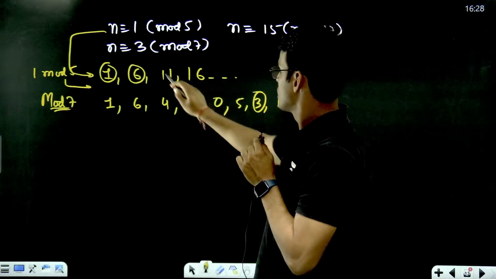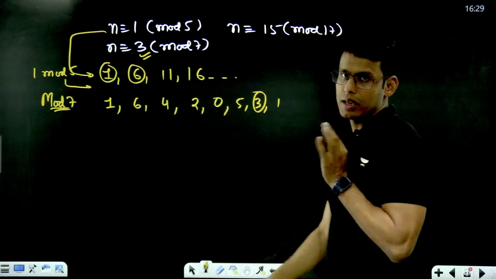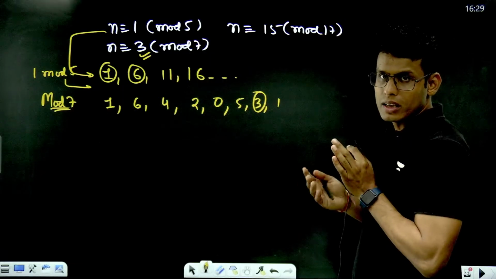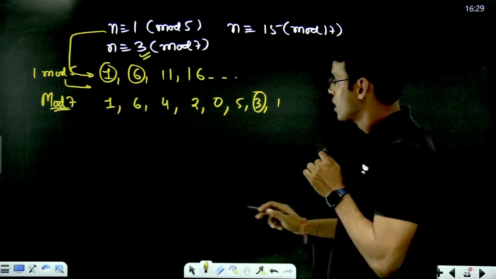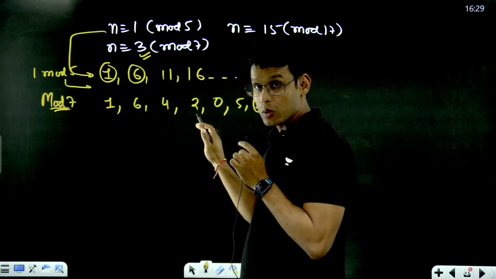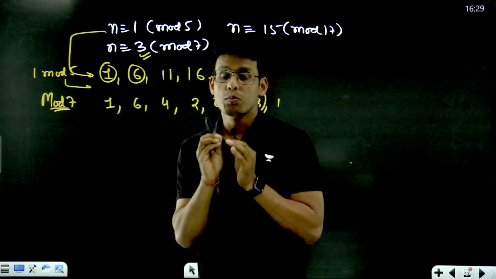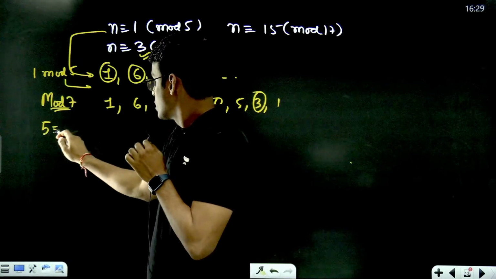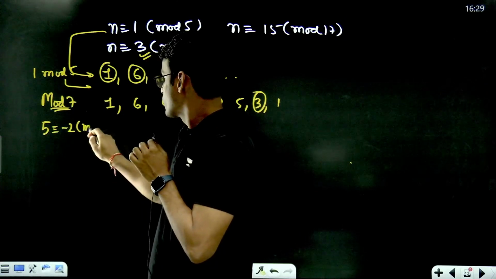This is the number which has 3 as remainder. Are you seeing the pattern here? 1, then 6, then decreasing by 2. Why is it decreasing? Please understand, 5 is minus 2 mod 7.